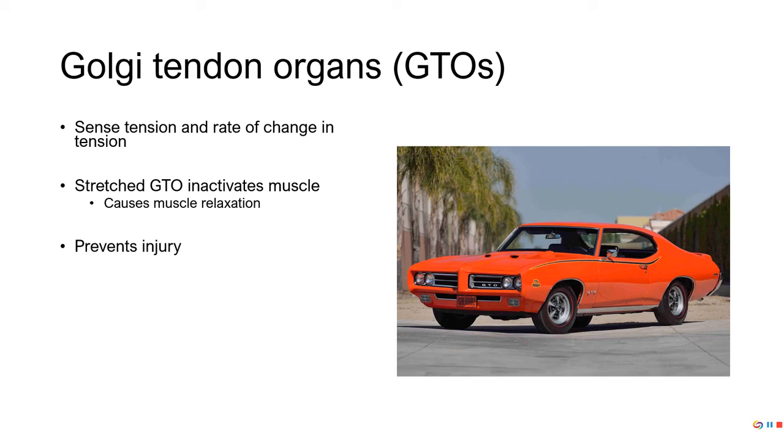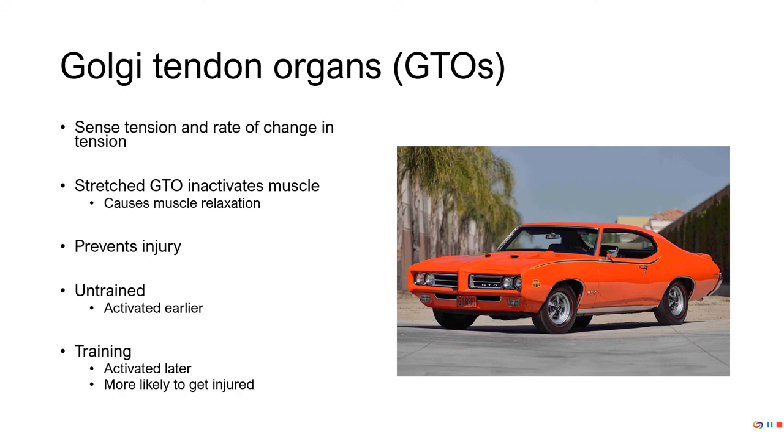In an untrained individual, these are activated almost immediately. But in a trained person, the more trained they are, the more inhibited they are, which can also lead to injury. For example, someone says, "Hey, hold this box for me," and it's really heavy.